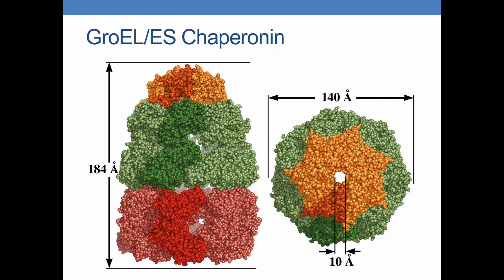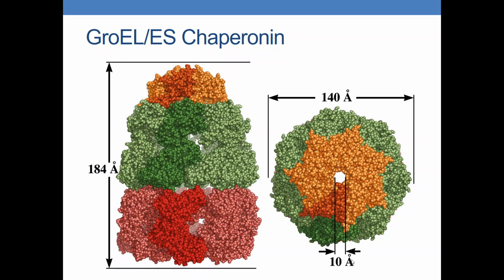Okay, so the dimensions of this thing. It's nearly 200 angstroms long and about 140 angstroms across. And the entry channel, so you'll see the GroES cap here, leaves only about 10 angstroms of space. So it is a very good and effective cap to regulate entry into this chamber. Remember, the thing that is going to be diffusing into these chambers is going to be a misfolded protein or a protein folding intermediate.